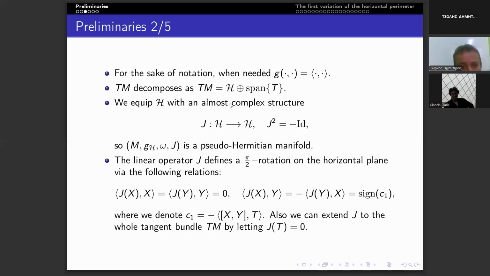We can equip the horizontal distribution with an almost complex structure, practically a rotation by 90 degrees in the horizontal plane.